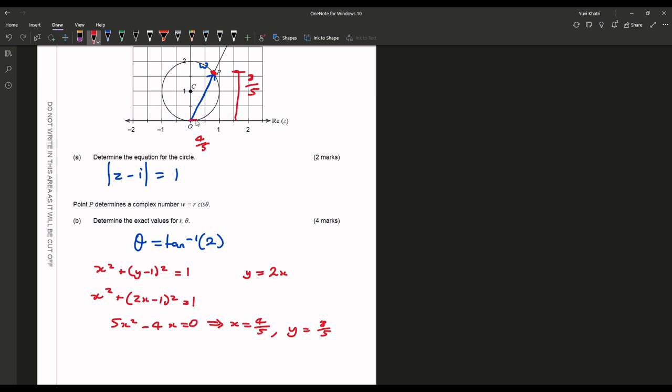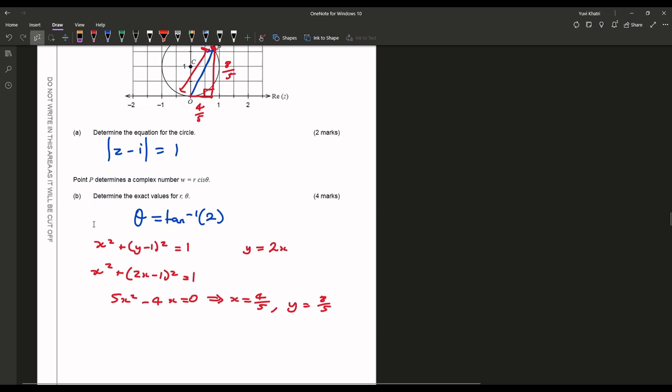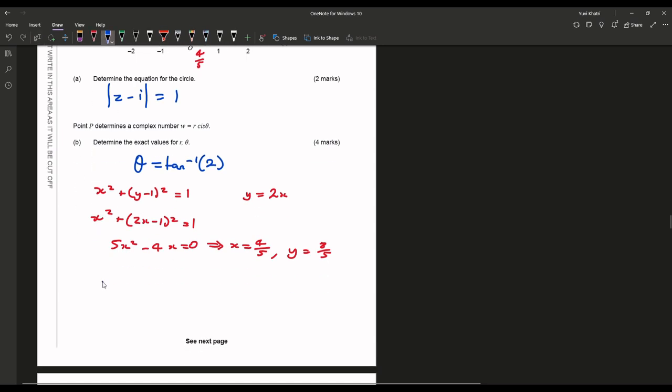And you'll notice that this is just a right-angled triangle, where this length is 4/5 and this length is 8/5. And from that, we can use Pythagoras to find this, which is what we're looking for. So we've got r equals root of (4/5 squared plus 8/5 squared).